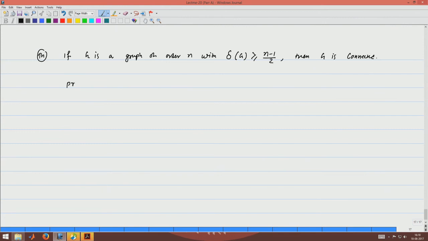So, the proof is very obvious from the previous result. Here, for every 2 non-adjacent vertices, say u and v, what we have is that the degree of u plus the degree of v is greater than or equal to (n minus 1) by 2 plus (n minus 1) by 2, because the minimum degree is greater than or equal to (n minus 1) by 2.